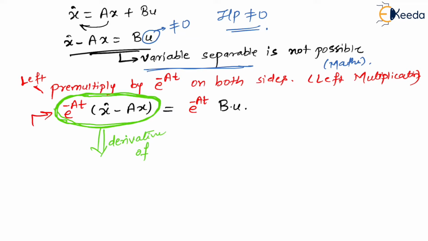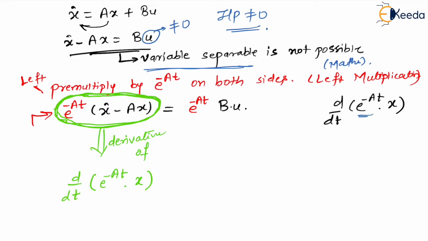Derivative of which function? So this function, if you see, is nothing but d by dt of e to the power minus at into x, right? Let me show you why it is so.